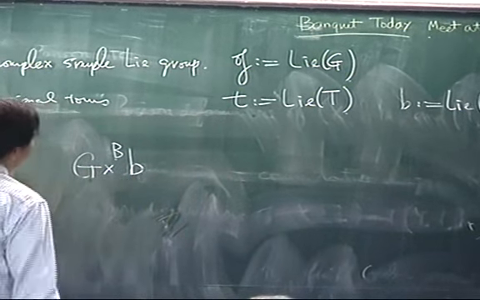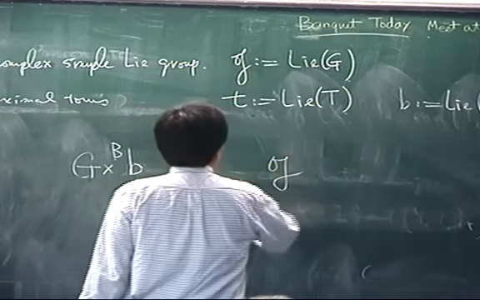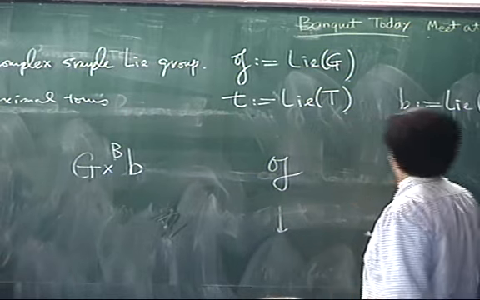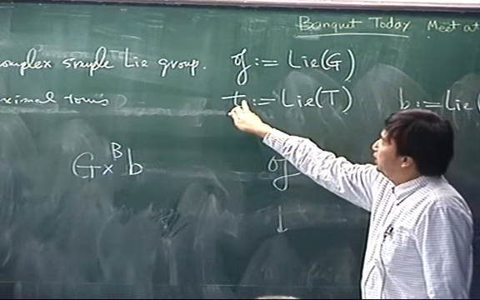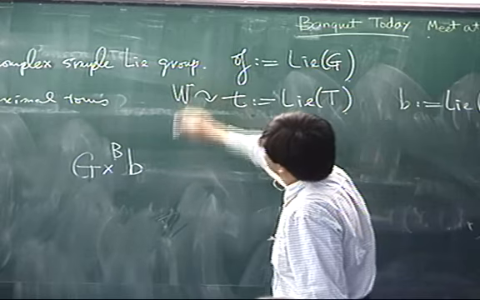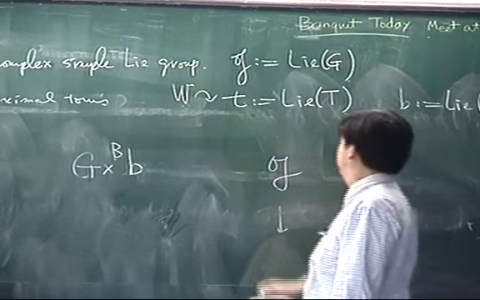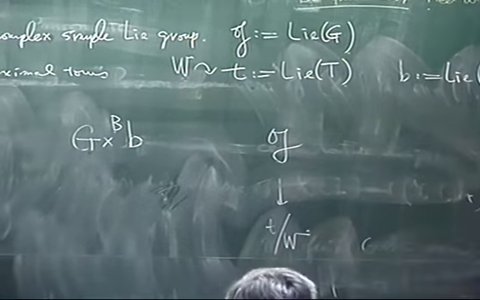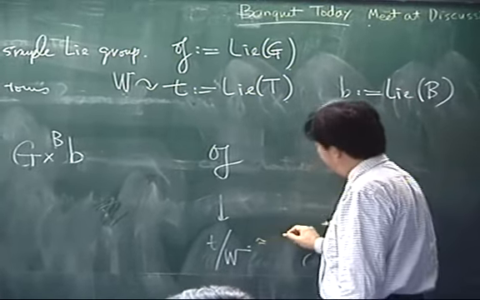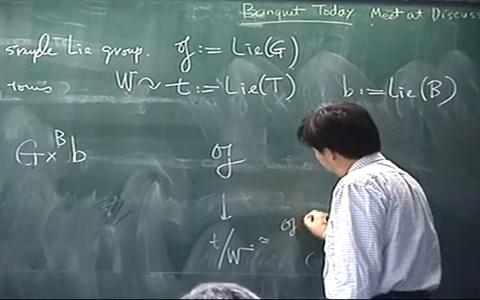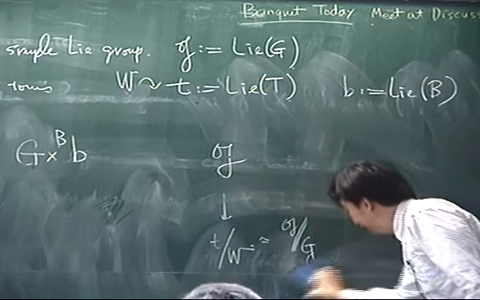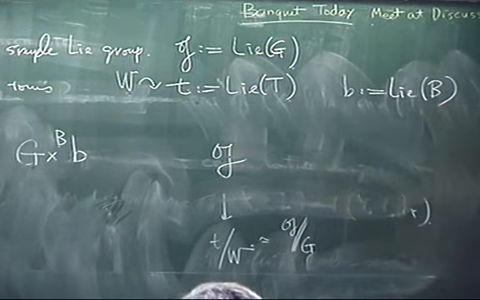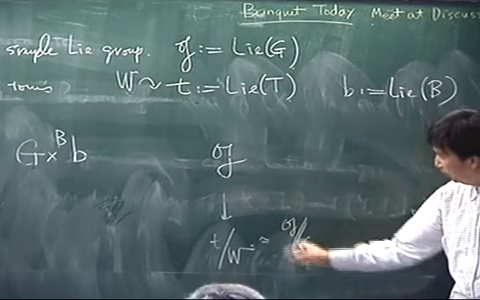So you have this. And here you have G. From G to T mod W, where W is a Weyl group, which naturally acts on T. There is an adjoint quotient map. This is nothing but the adjoint quotient of G. G acts on G by adjoint action, and you can take the quotient.